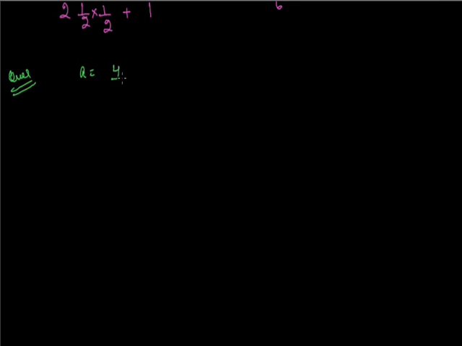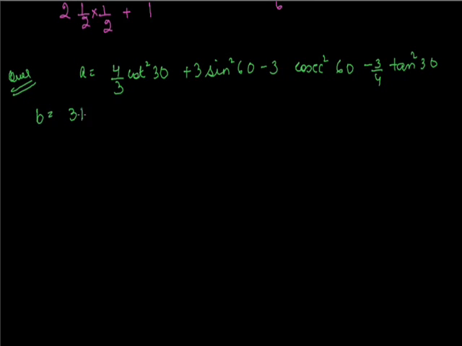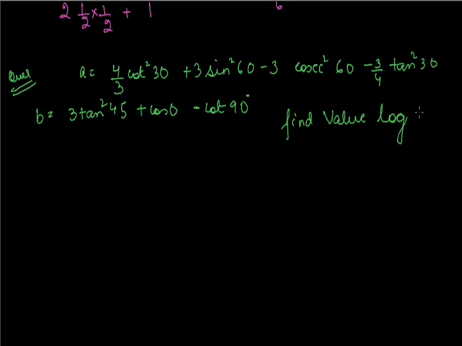If A is equal to 4 by 3 cot square 30 degree plus 3 sin square 60 minus 3 cosec square 60 minus 3 by 4 tan square 30 degree, and the value of B is given as 3 tan square 45 plus cos 0 minus cot 90 degree, I have to find the value of log A base B.